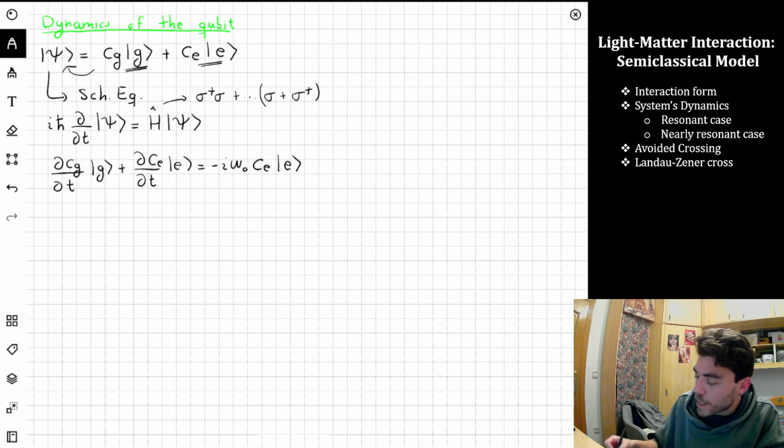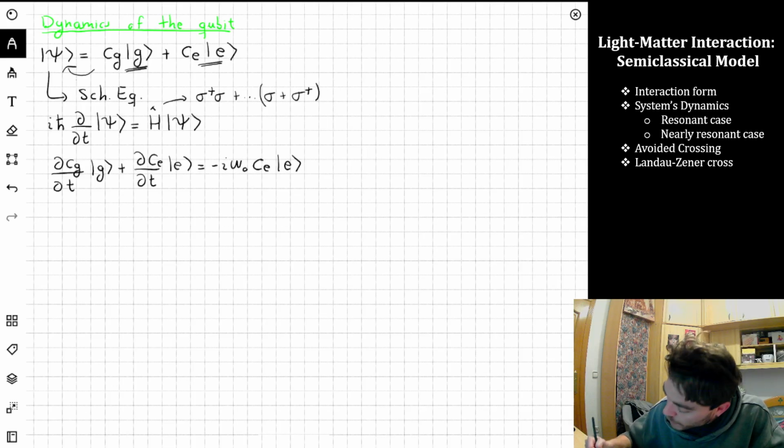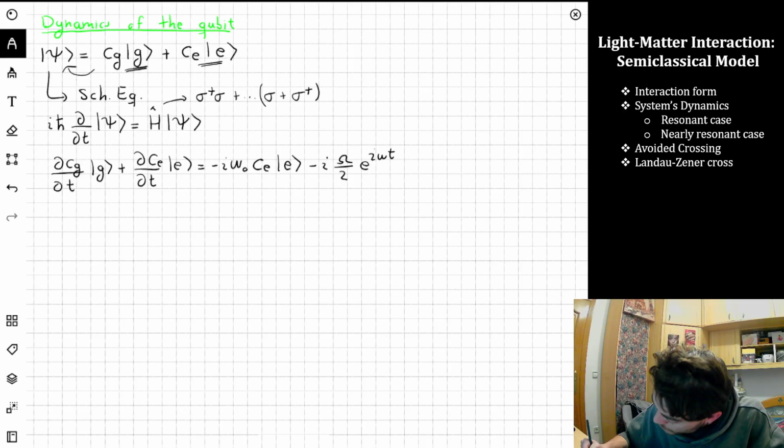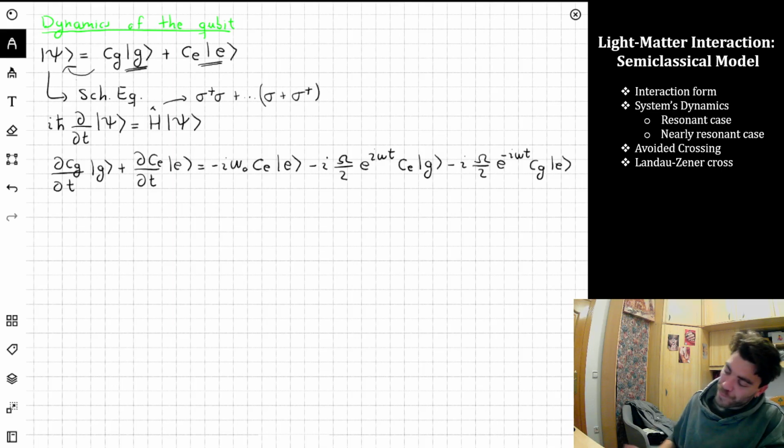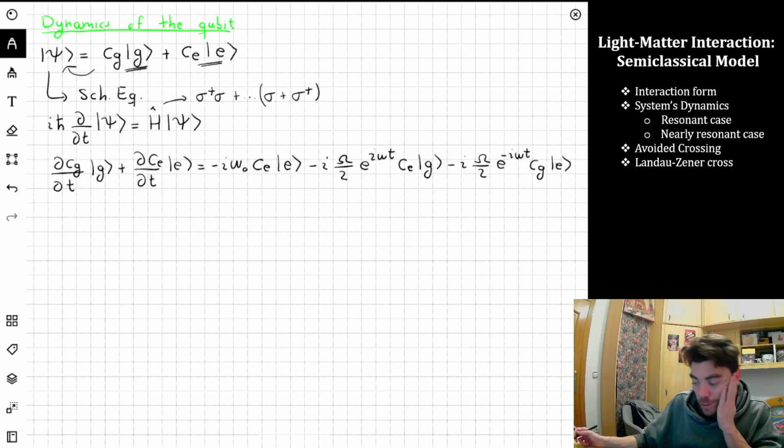This comes from the sigma plus sigma minus that is going to act on e, just giving the diagonal term. Then one will have minus i Omega divided by 2 e to the i omega t Ce times g, minus one thing that is very similar, e to the minus i omega t Cg times e. So this is the Schrödinger equation, just writing it down for the system.